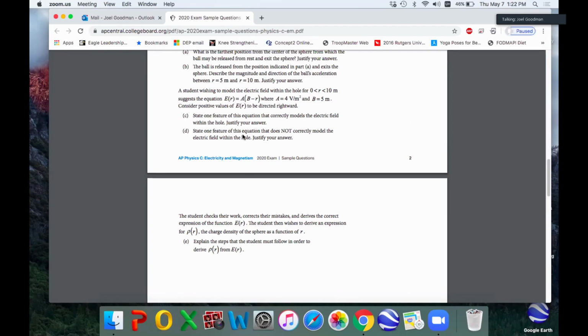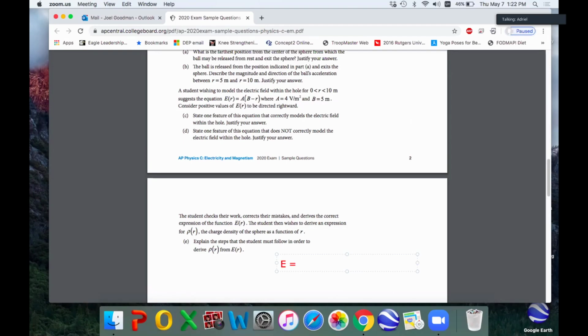I'll give you a hint. Listen, my idea may not be the best idea. Who knows how to calculate the electric field in general terms using Gauss's law?